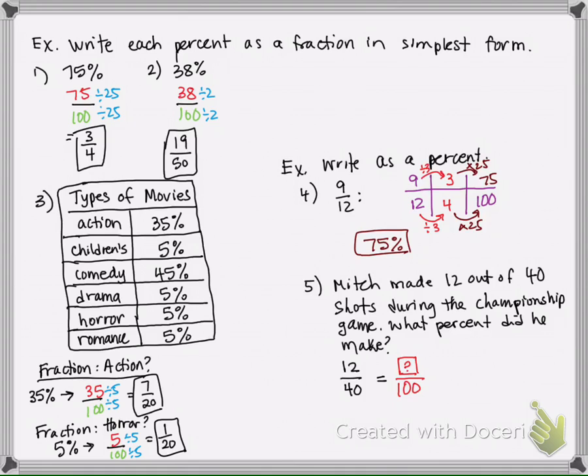So we're going to do something called cross products, where we get 40 times the mystery number equals, and then we're going to multiply in the other direction, and we're going to get 12 times 100. So that's going to give me 40 times the mystery number equals 1200.